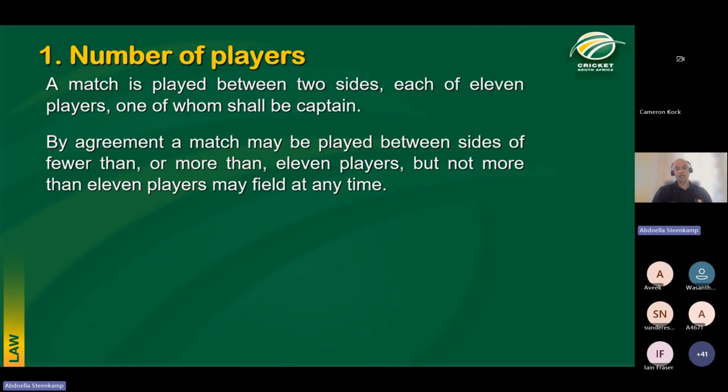In those types of games, the condition is that not more than 11 players can be on the field at any given time. So even though the match is played 15 or 16 a side by agreement, you cannot have all 16 on the field at the same time.